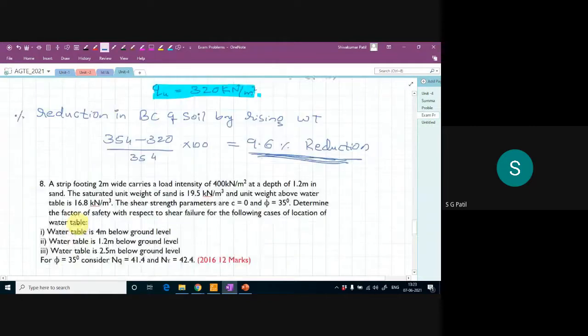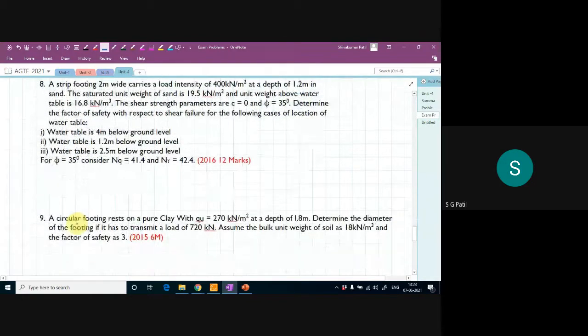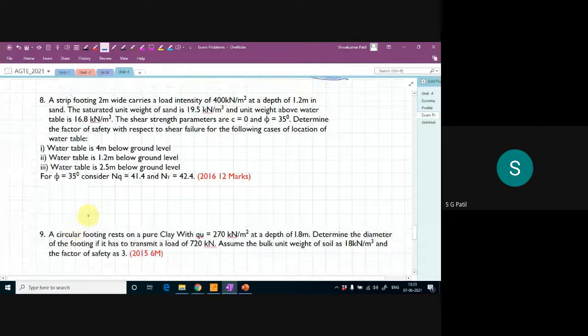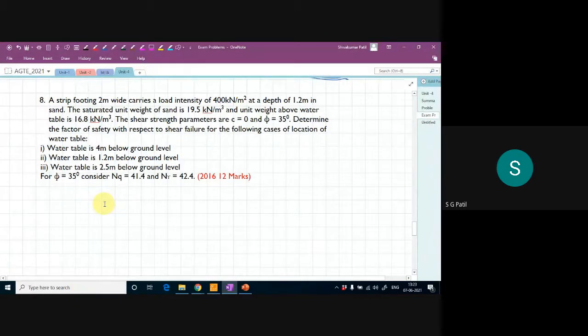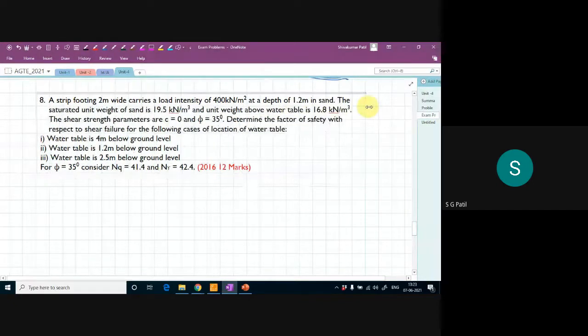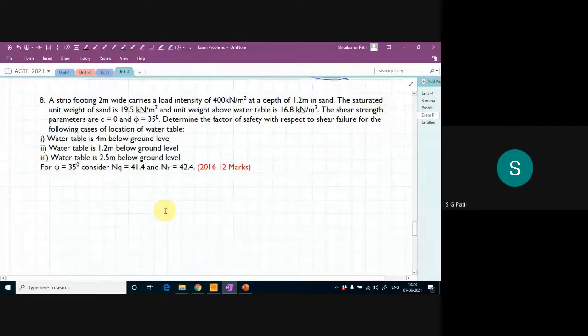Okay, so next problem, you see this problem. What are they telling in this problem? A stiff footing, 2 meter wide, carries a load intensity of 400 kilonewton per meter square at a depth of 1.2 meter in sand.